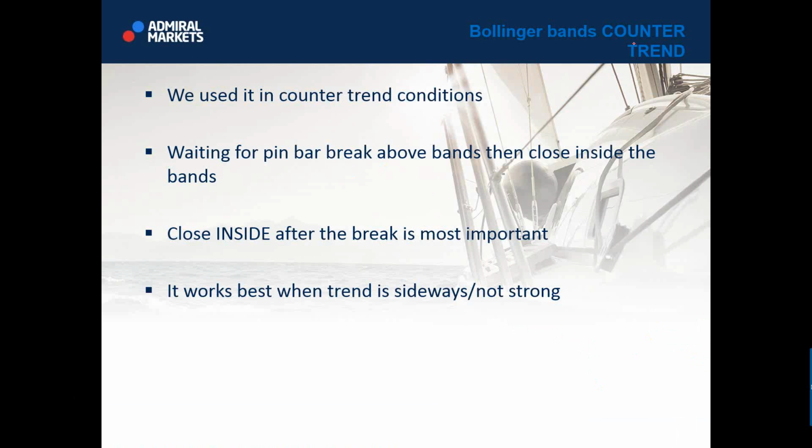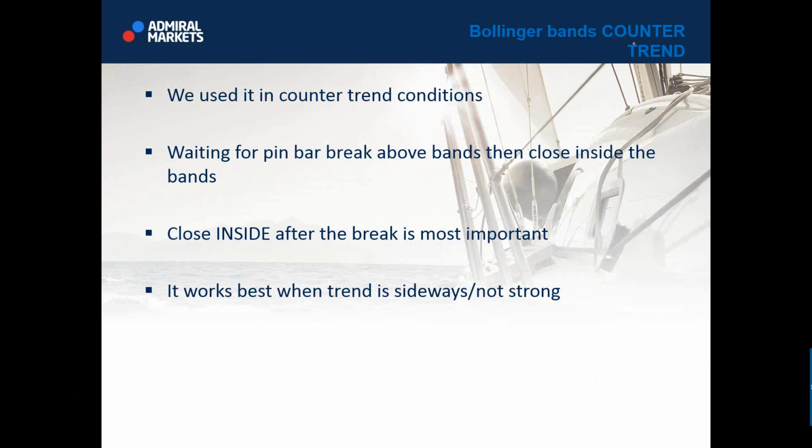Bollinger Band counter trend, we use it in counter trend conditions. Okay, usually Bollinger Band counter trend is waiting for a pin bar to break above the bands, then close inside the bands. That is how Bollinger Band counter trend looks like. Close inside after the break is the most important.